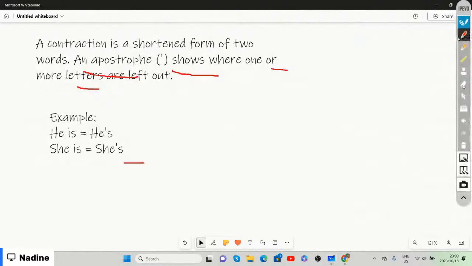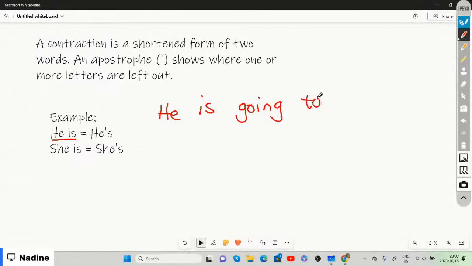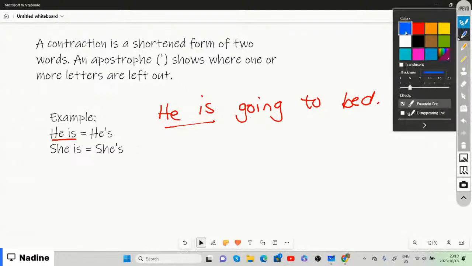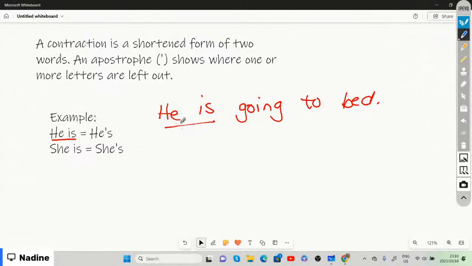So instead of us constantly having to say he is going to bed, as an example, we can then just say he's going to bed.